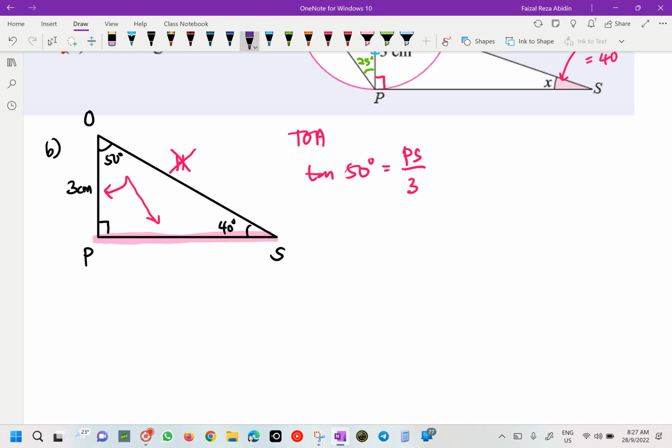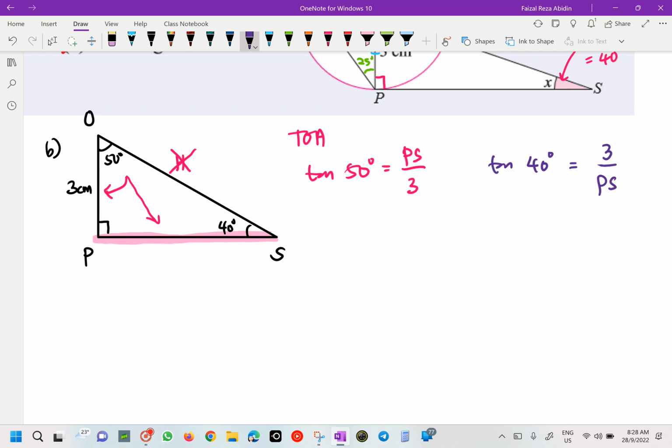Or if you are using the 40 degree, tangent 40 degree, your opposite is going to be 3 centimeter over adjacent here, which is going to be our PS. Either one, do not do both.